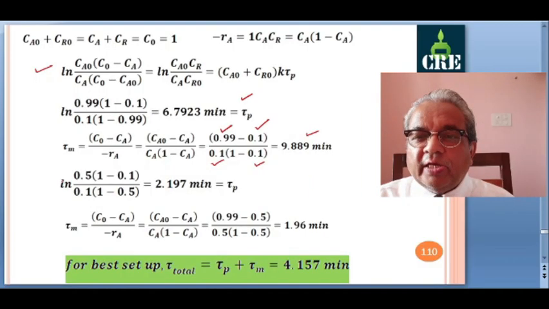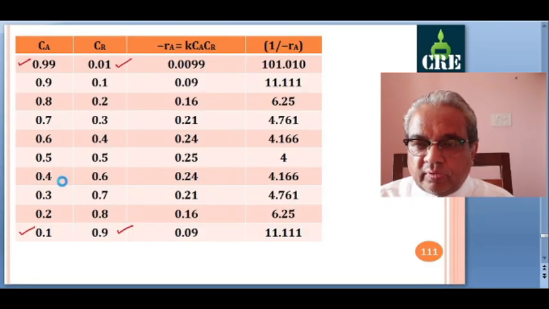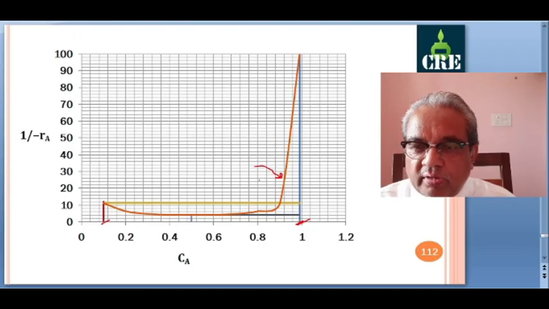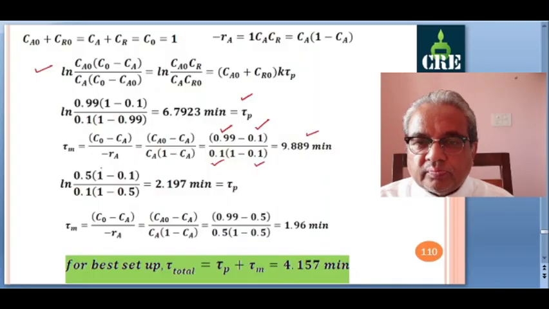So we have calculated this by using the equations. Same thing, tau P will be the area under the curve for the same performance. So if you count these rectangles and the area under the curve carefully, you will get almost exactly the same result, 6.79. Some plus or minus error will be there.